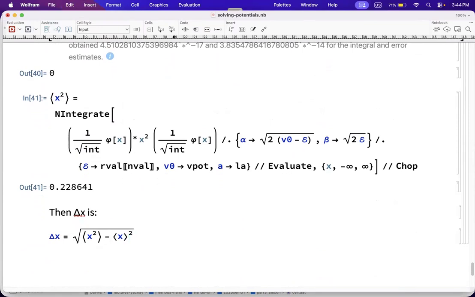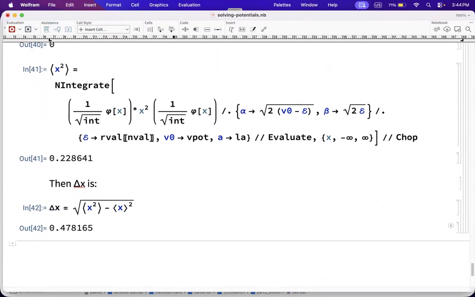What is the uncertainty of the position? It is 0.47. Remember, this is in atomic units. That is the uncertainty on the position.